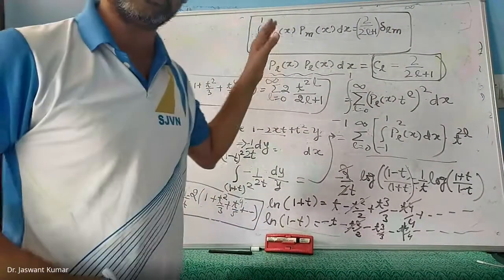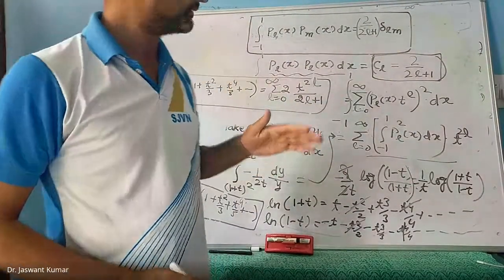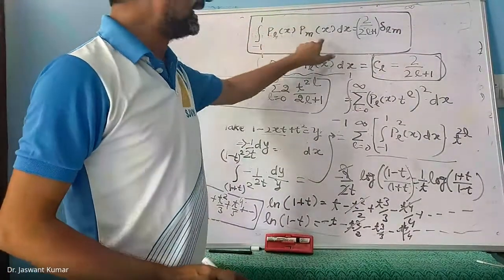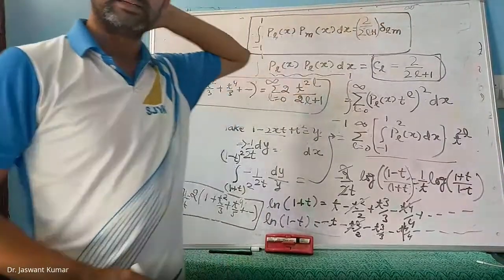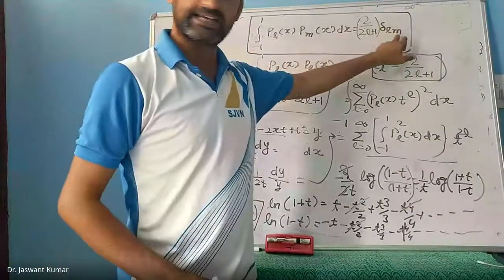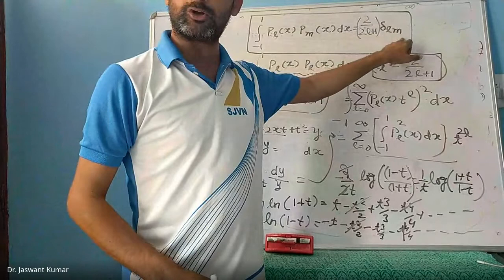If you have any doubt in this, please ask me. If L is not equal to M, this term is 0. If L is equal to M, this term we know.